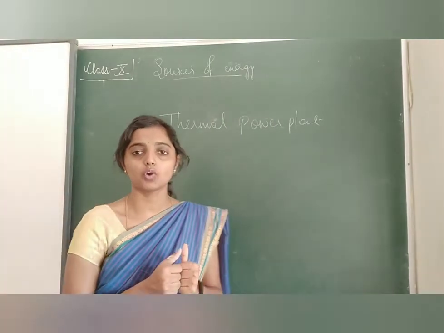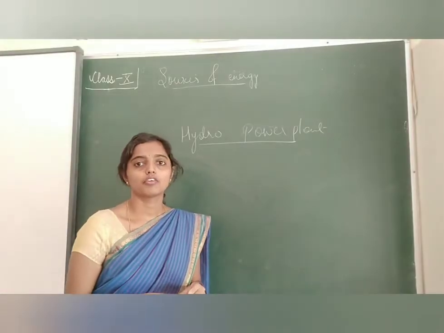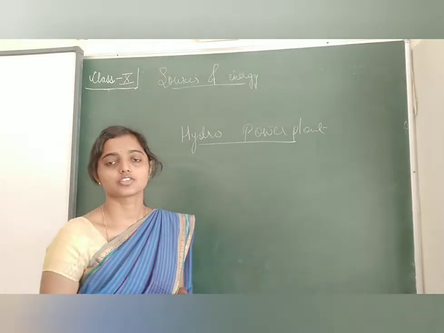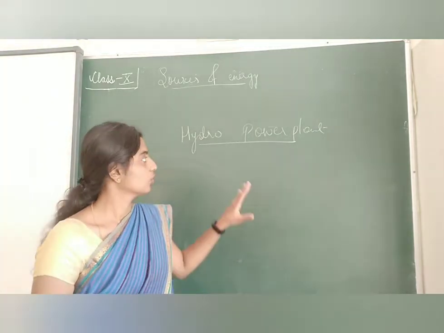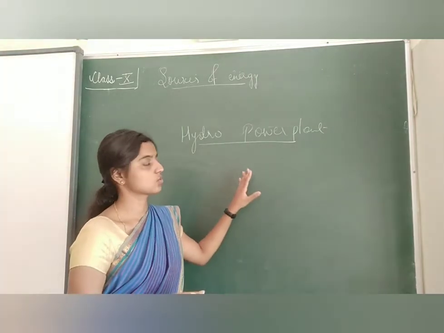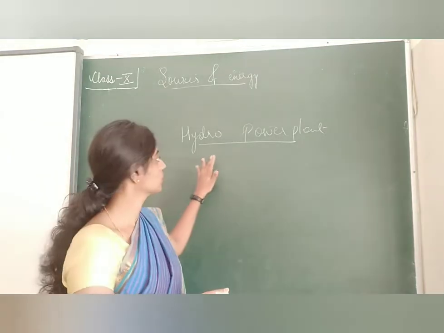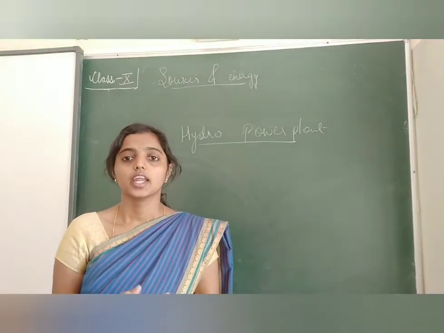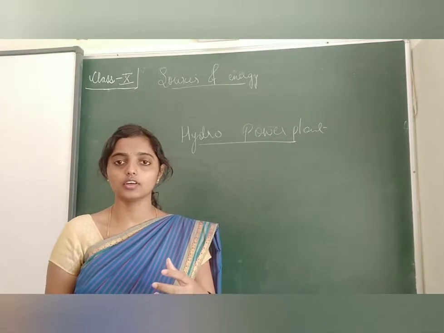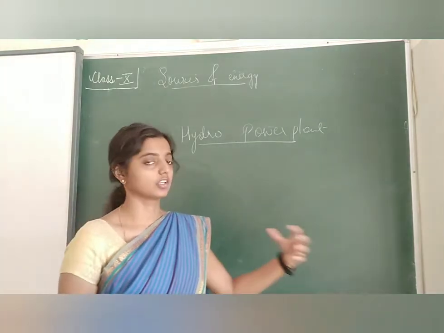Now let us study what a hydro power plant is. The name itself suggests that it is from water, H2O, and we know that it is associated with dams, right? The principle of how a hydro power plant works is that it converts the potential energy of falling water to electricity through a procedure which we will learn later.